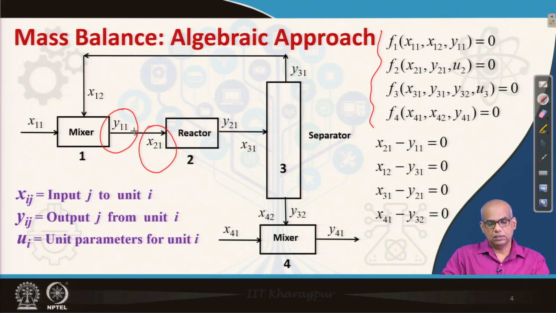X21 is the input 1 to unit 2, but as the figure suggests, Y11 must be equal to X21.